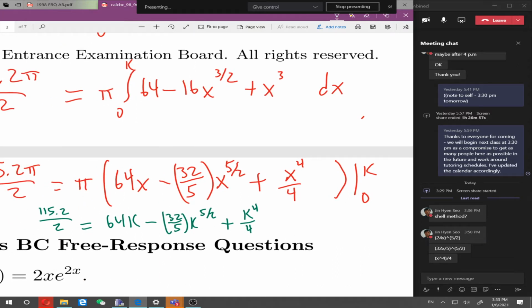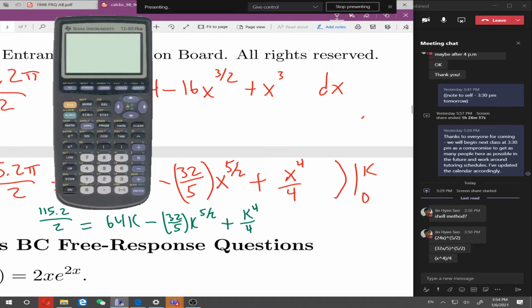Okay, so from this point, I think I would just plug into a graphing calculator since we can solve any equation with a graphing calculator, and that way we won't have to worry about trying to simplify this into something that can factor evenly. So let's go from here. I'm going to set my first line equal to 115.2 divided by 2.